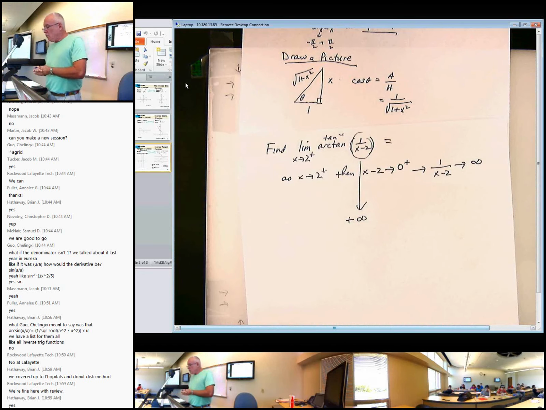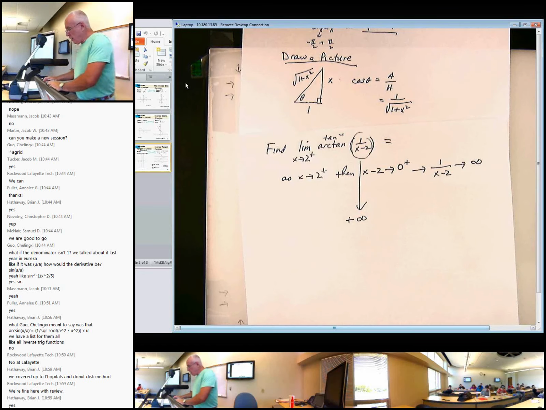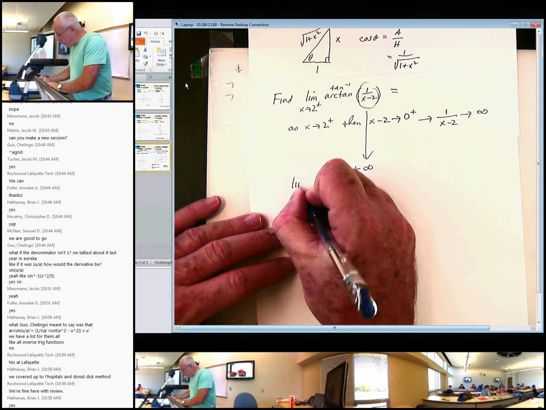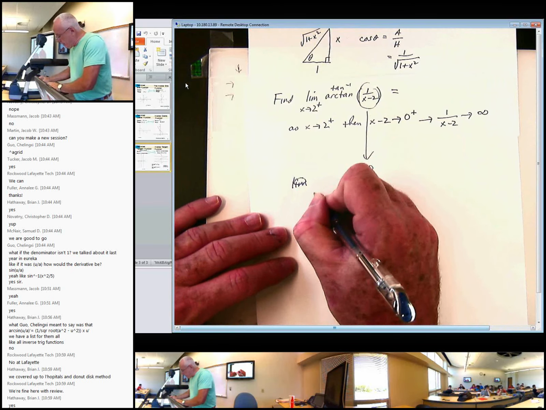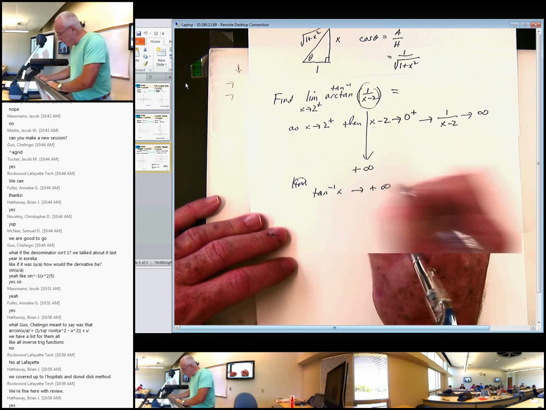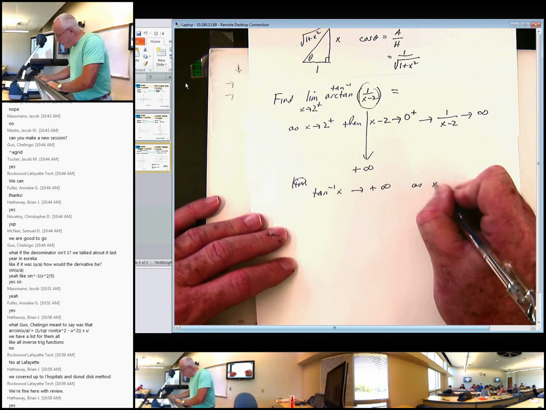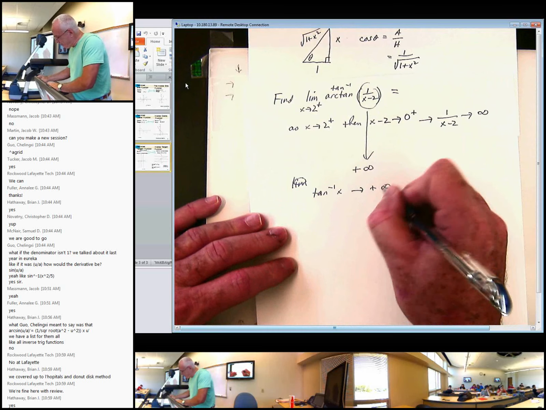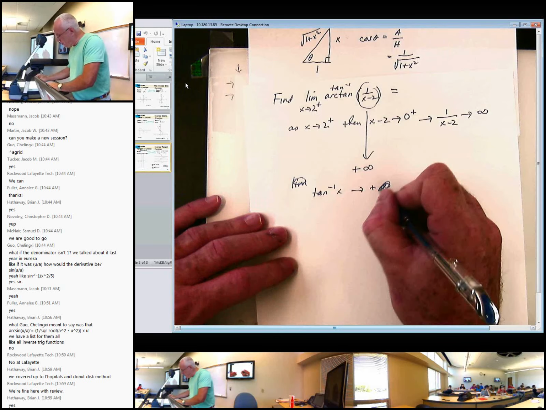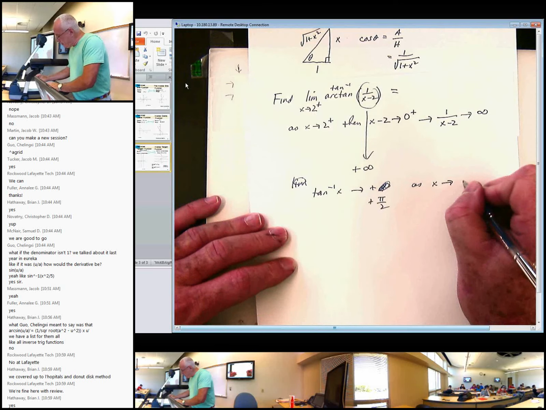So then, remember our fact here that I wrote on the other page, the tan inverse of x approaches pi over 2 as x approaches positive infinity.